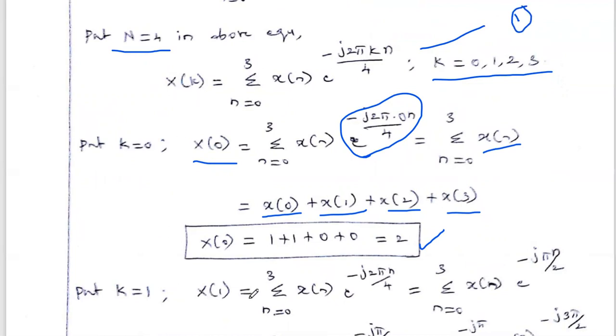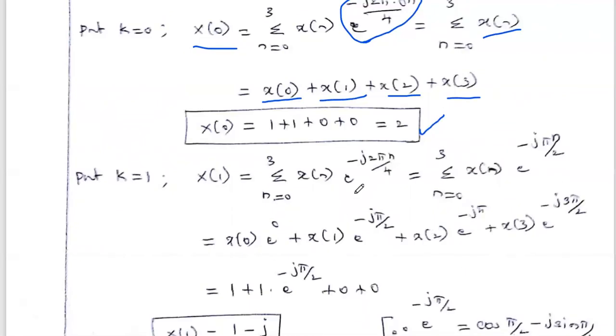So capital X of 1 is equal to the summation n equal to 0 to 3 of x of n e power minus j 2 pi k n divided by 4, with k replaced by 1. Expanding, the 2 and 4 divide, so it becomes the summation n equal to 0 to 3 of x of n e power minus j pi n divided by 2.